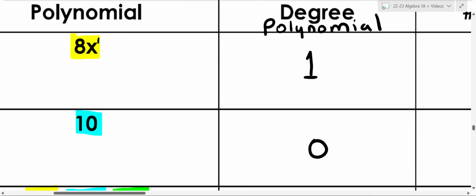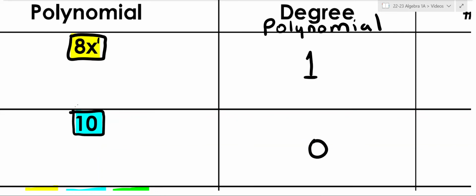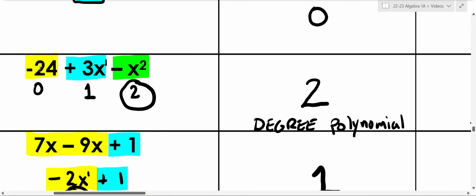8x, so 8x. This is already in standard form because it's only one term. 10 is already in standard form because it's only one term. Now this one has 3 terms, and to put this in standard form, we have to write it from the term with the highest degree first.